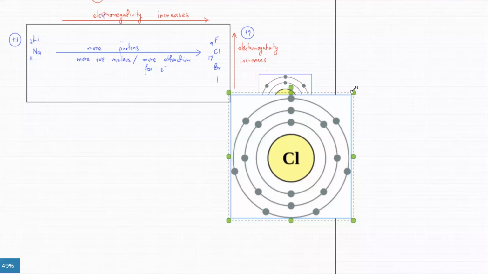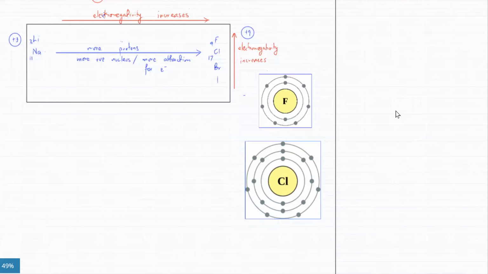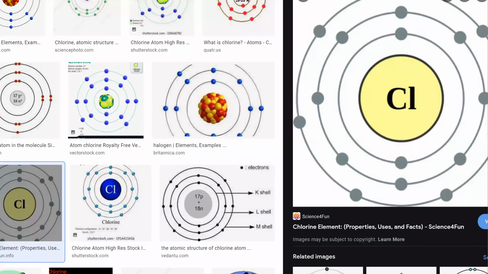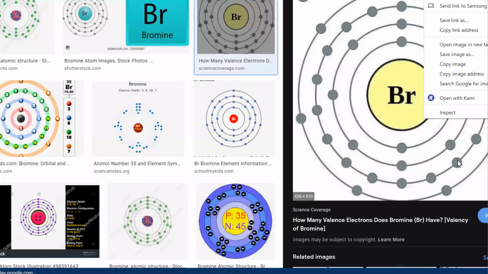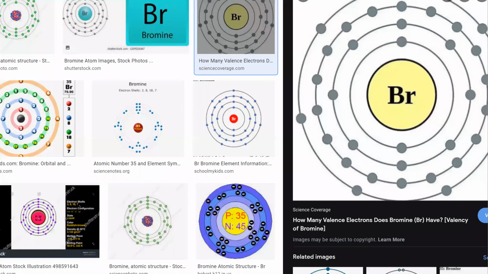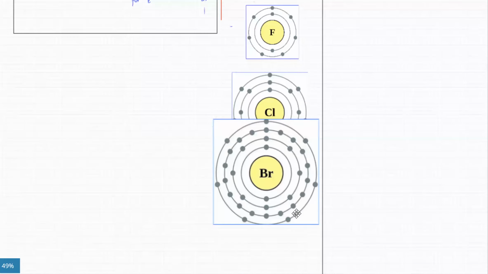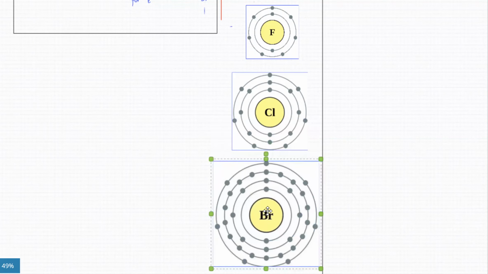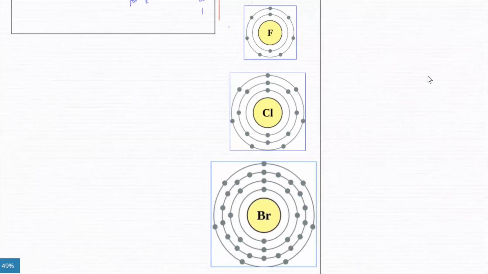Here's my chlorine atom, and maybe there's a bromine atom, just for clarity. You can see what's going on: the atom size is becoming bigger. Pretty evident.